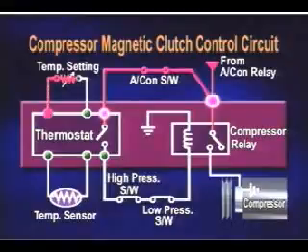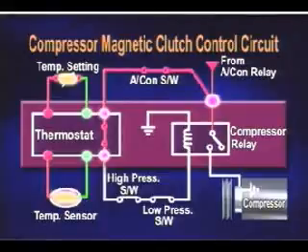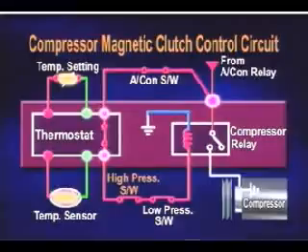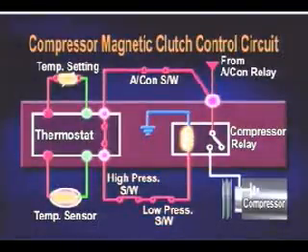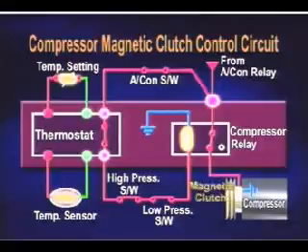The thermostat supplies positive current depending on the temperature setting value and the temperature sensor value. Power is supplied to the excitation coil of the compressor relay through a high-pressure switch and a low-pressure switch. Then, the compressor relay turns on, and standby power is supplied to energize the compressor magnetic clutch, and the compressor does the work.